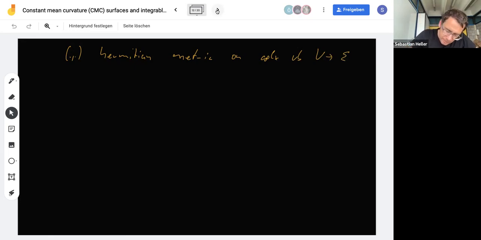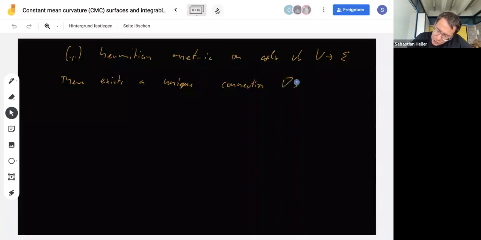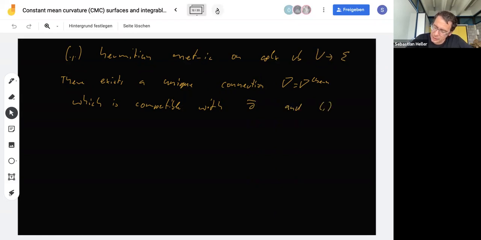then there's a unique connection, nabla, or nabla-Chern, the Chern connection, which is compatible with the holomorphic structure del bar and with respect to the Hermitian metric, and we call this property unitarity.